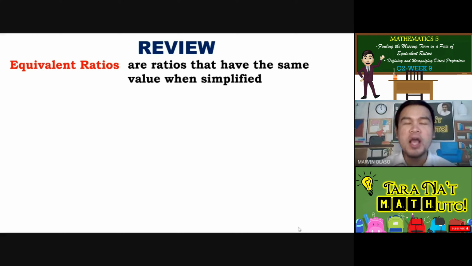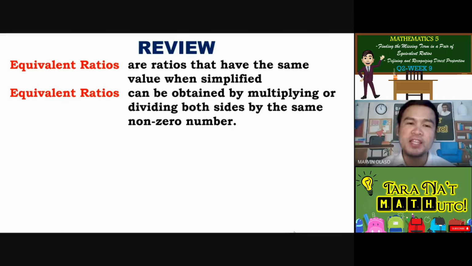Sabi ko nga sa inyo, kapag given ang dalawang ratio, then you need to find the lowest term of the higher term and you get the lowest term, it means they are equivalent ratios. And another thing, when we say equivalent ratios, it can be obtained by multiplying or dividing both sides by the same non-zero number.